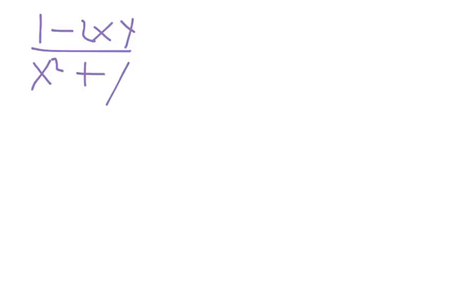Okay, so we have to find the line tangent to the curve at point negative 2, 1. So we plug in 1 minus 2xy over x squared plus y. And the point is negative 2, 1. So we plug in this point into the equation.